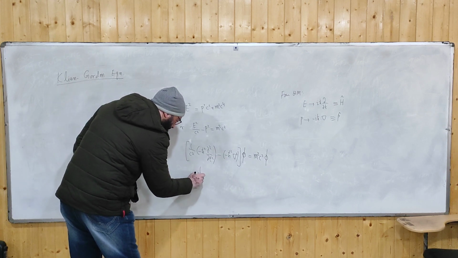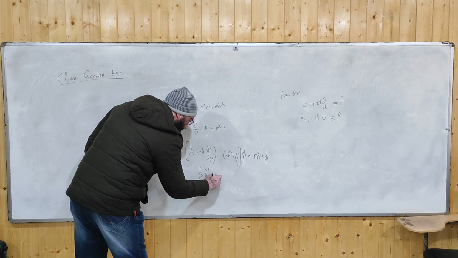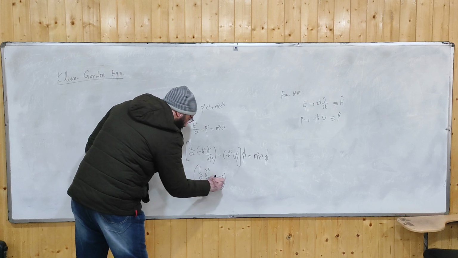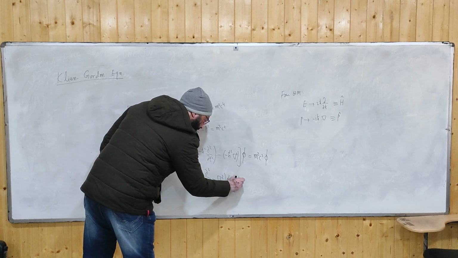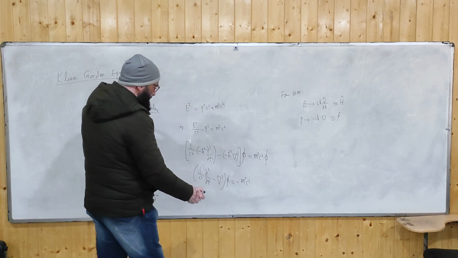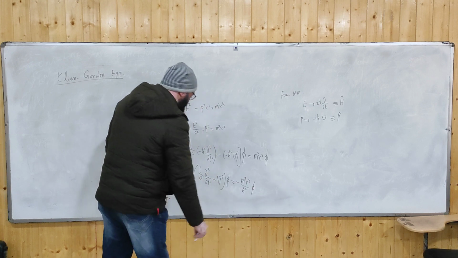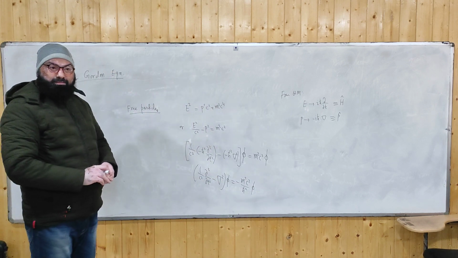So now let's write it. It will be 1 by c square partial square by partial t square minus nabla square acting on this phi is equal to minus m square c square divided by h cross square acting on phi.